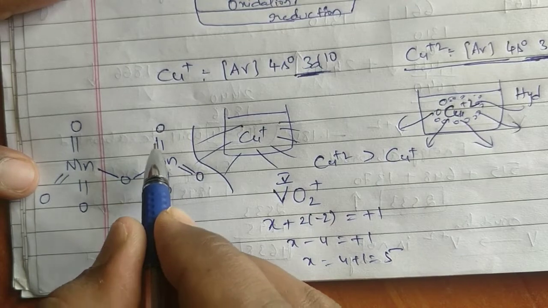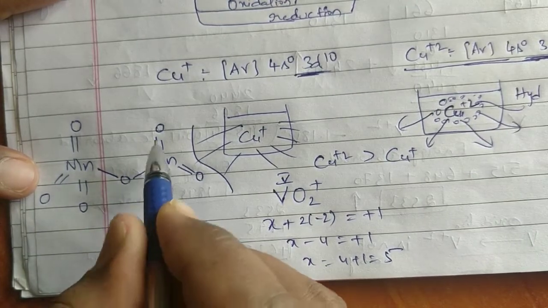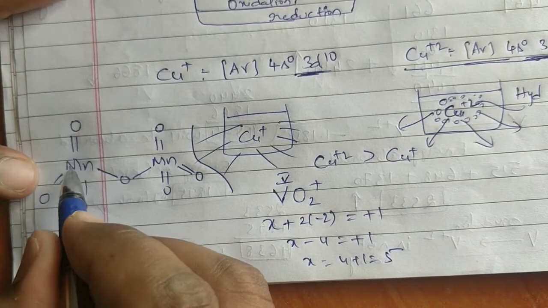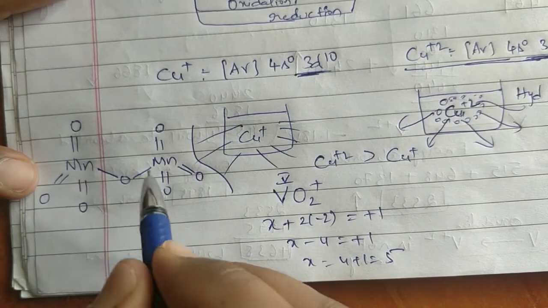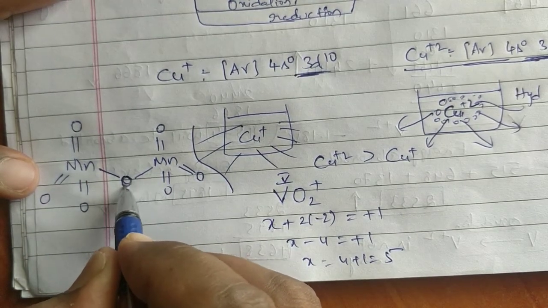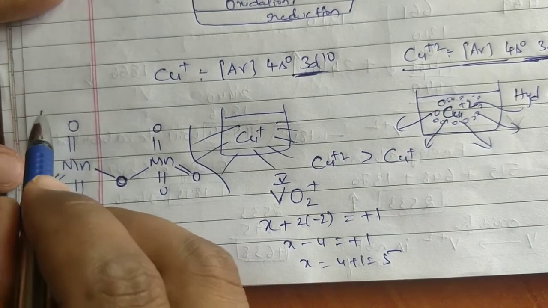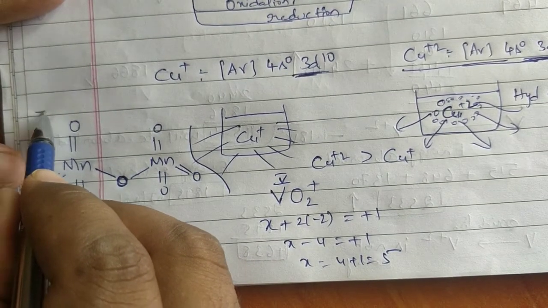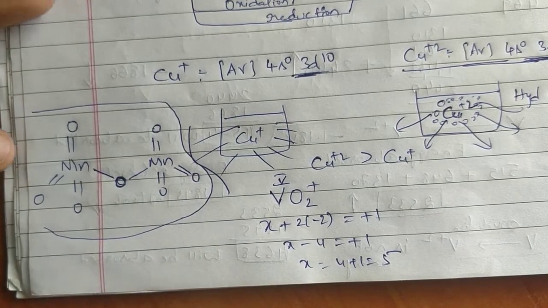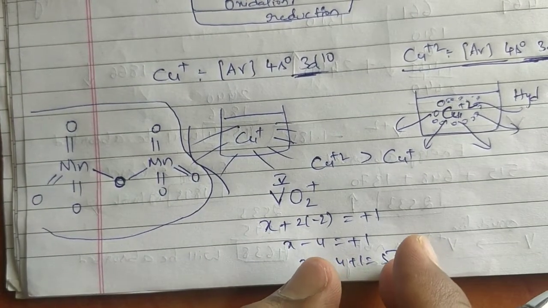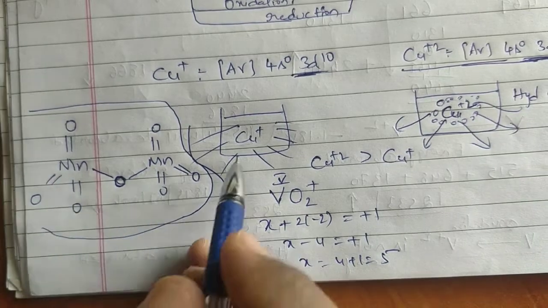This manganese has a tetrahedral structure, 1, 2, 3, 4. This manganese also has 1, 2, 3, 4, a tetrahedral structure, in which two tetrahedra are joined by one oxygen. This is the structure of Mn2O7, with the Mn-O-Mn bridge.